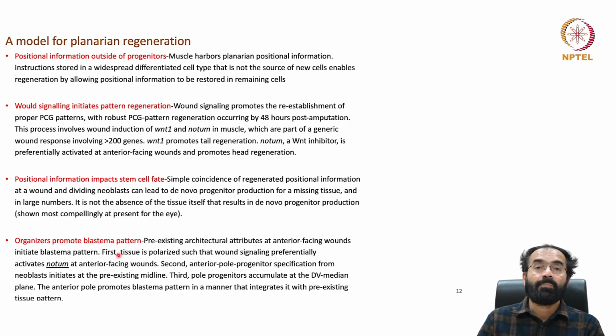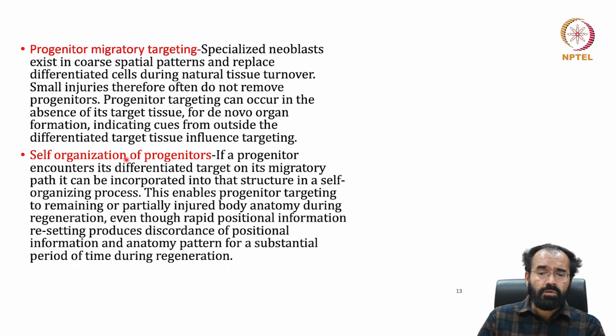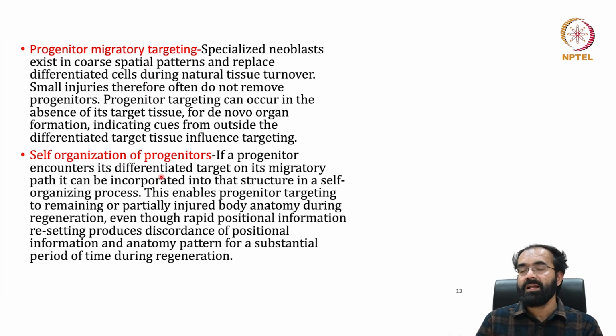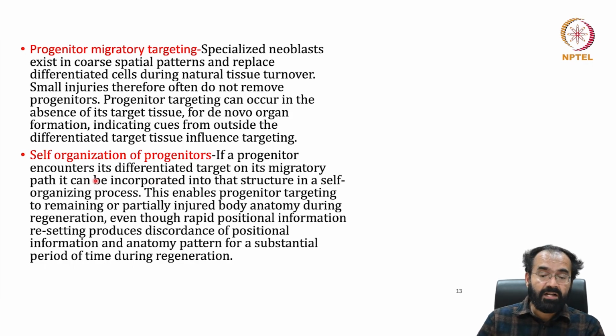And organizers promote the blastema pattern. Organizers are very important. We have seen one of the classic organizers is the notum, which gives the anterior-most positional identity. Progenitor migratory targeting is where specialized neoblasts contribute to the progenitors' migratory targeting. And then there is self-organization of the progenitors. If a progenitor encounters a differentiated target on its migratory path, it will immediately get into that organ.